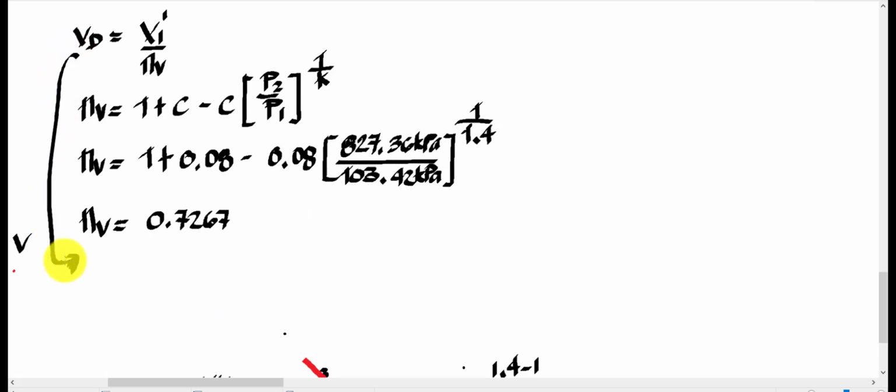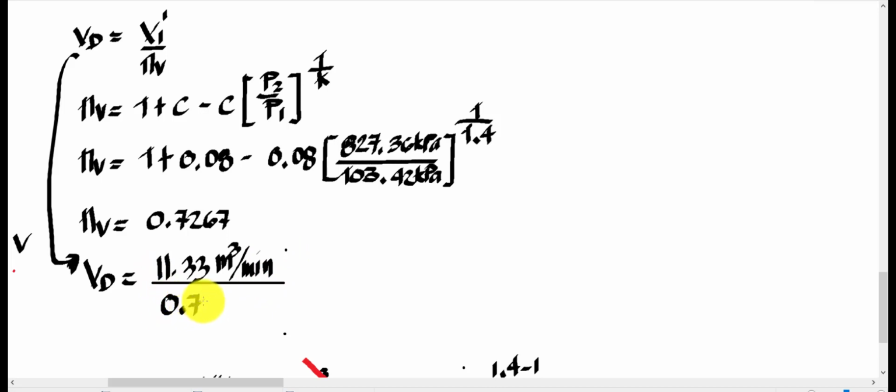So substituting to the equation, we have now your volume displaced is equal to 11.33 cubic meter per minute, divided by 0.7267.